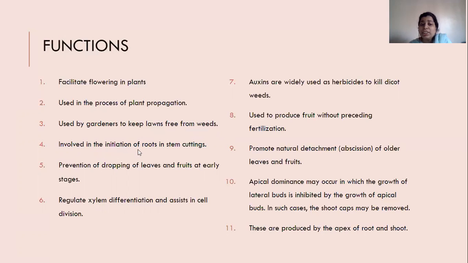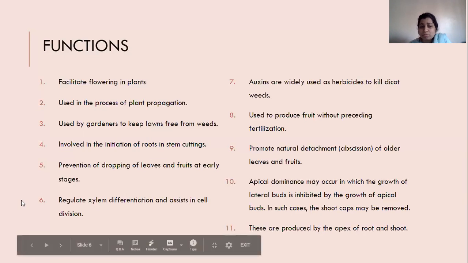It is involved in the initiation of roots in stem cuttings. The small stem cuttings are just given auxins, so small roots can come out. It also prevents dropping of leaves and fruits at early stages.